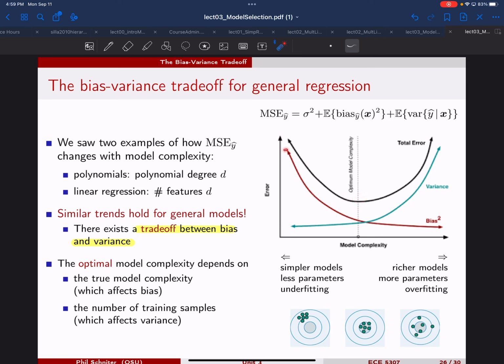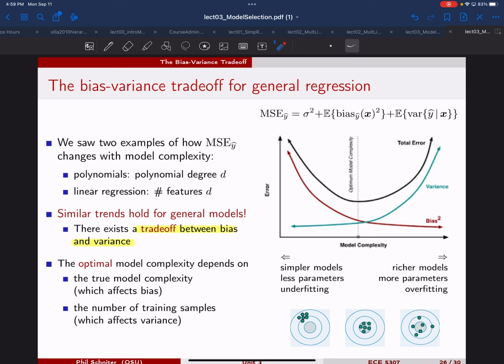When you look at the bias term, when you have a very simple model, the bias starts out high. As your model gets more and more complicated, your bias decreases. On the other hand, the variance, when you have a simple model, is low, but as your model gets complicated, the variance increases. The details of these curves depend on exactly how you construct your predictor and exactly how your data set behaves.